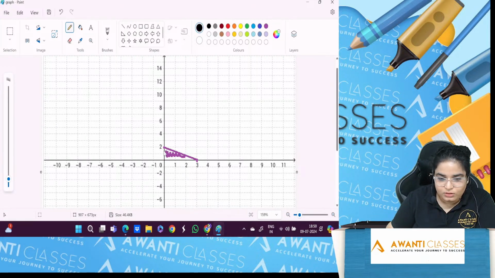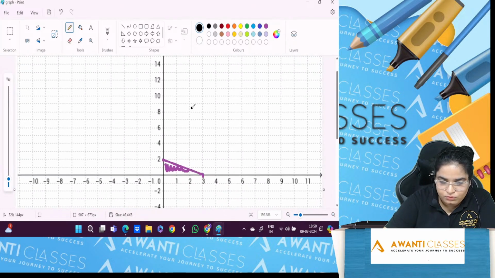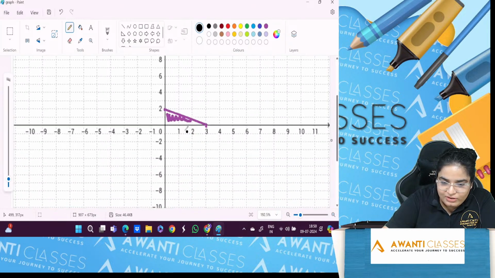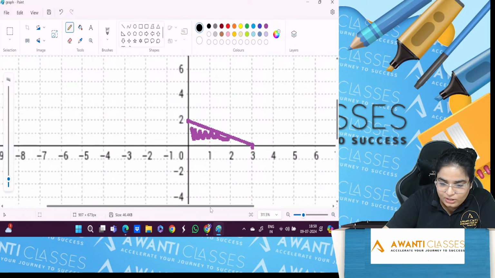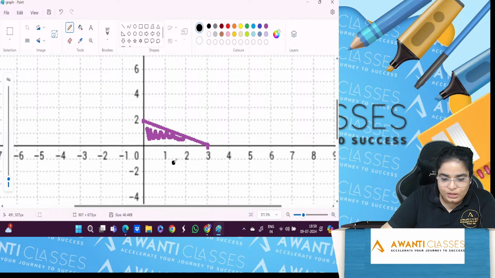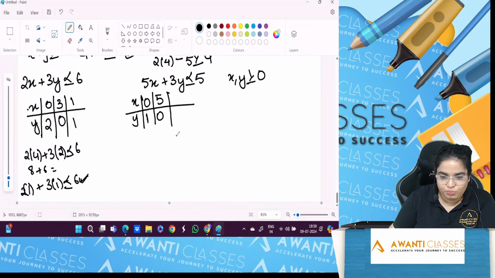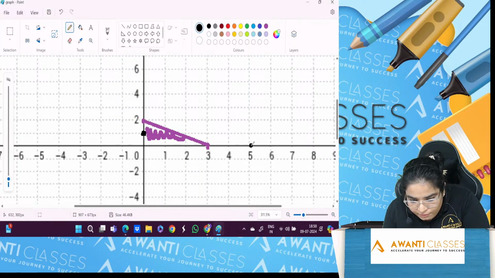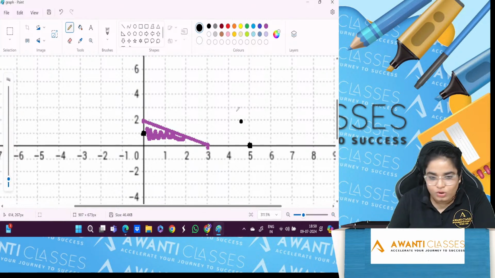Okay, wait. Can you see this? It's a very small area, so I'm zooming in so that you can all see. Here 0, 1. 0, 1 is what? This point. Okay. And 1, 0.